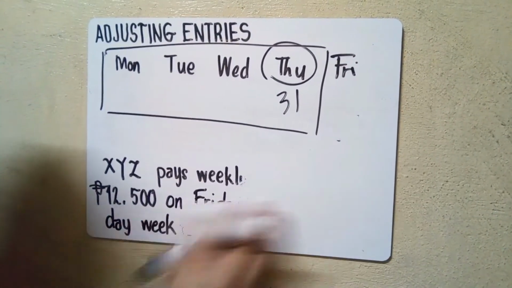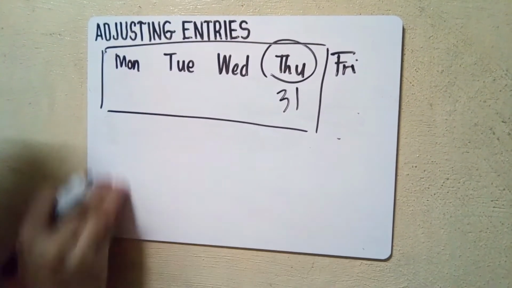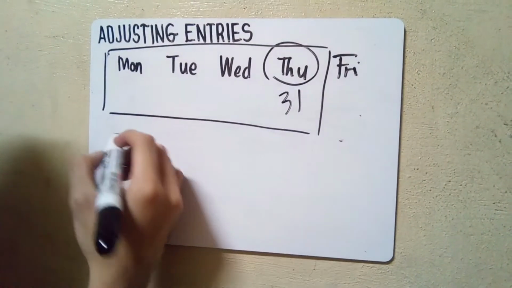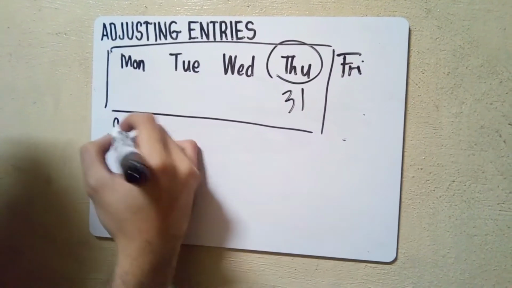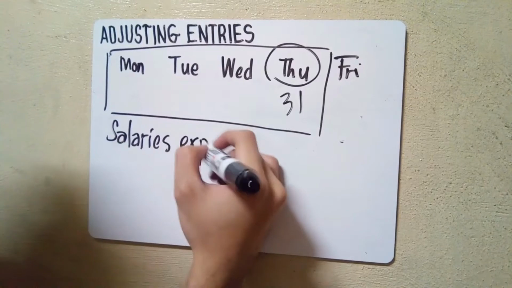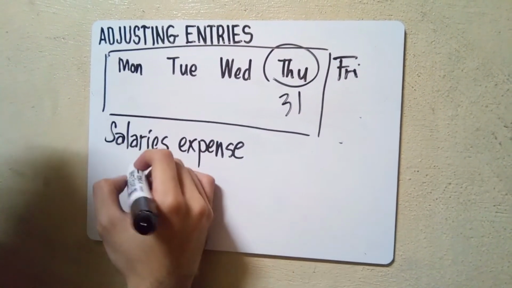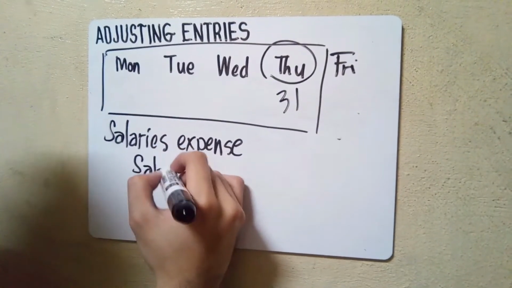So the entry to record the transaction will be salaries expense is debited and salaries payable is credited.